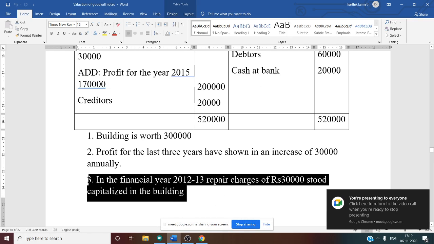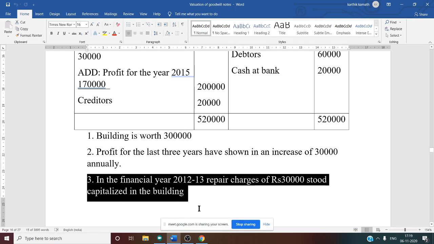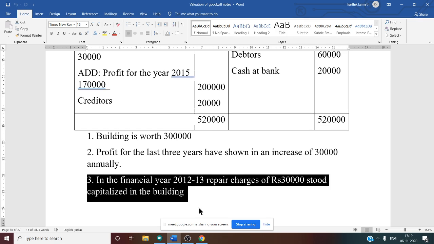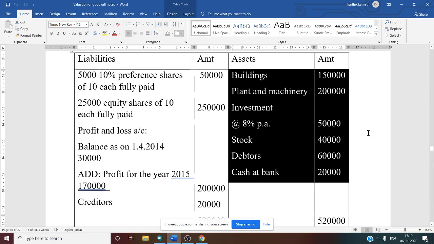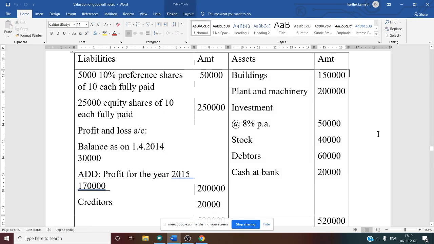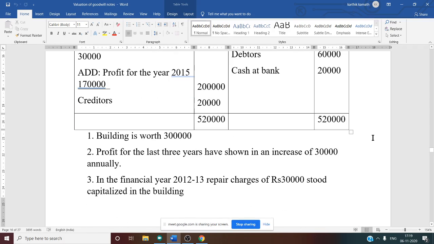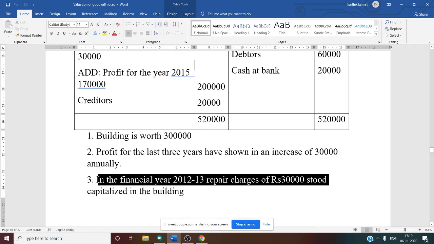In the financial year 2012-13, repair charges of 30,000 stood capitalized in the building. So if you see, the building value 1,50,000 is given in the balance sheet, and they say that 30,000 is included in that. That means 1,50,000 includes 30,000.